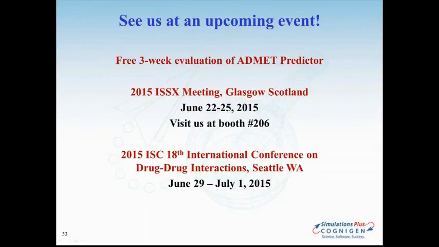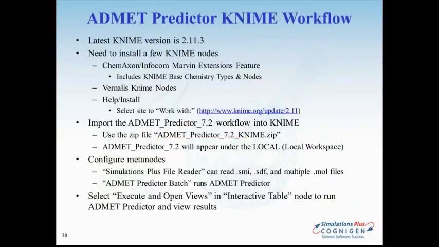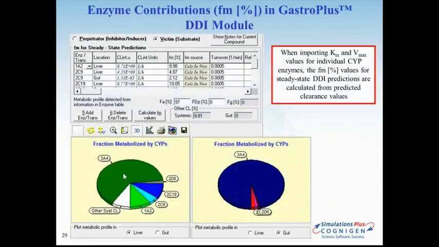I would use them all. If you're doing a simulation in GastroPlus, these just get automatically imported and used in the simulation. And I think if we go back to one of your slides here, if it's metabolized by 3A4, you're going to get some metabolism in the gut, which is what this is showing over on the right.